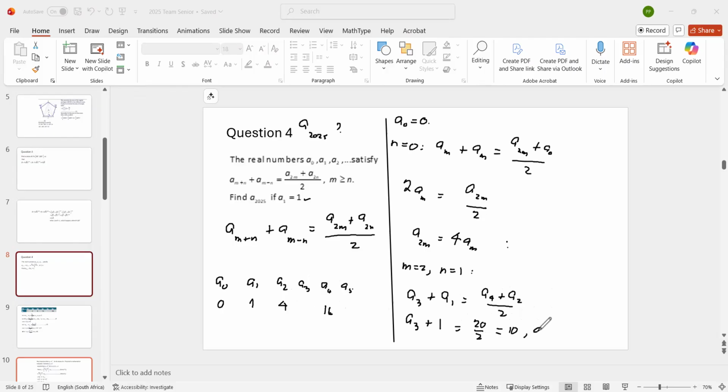So a_3 is 9. And there it is. It looks very strongly like a_n is n squared.